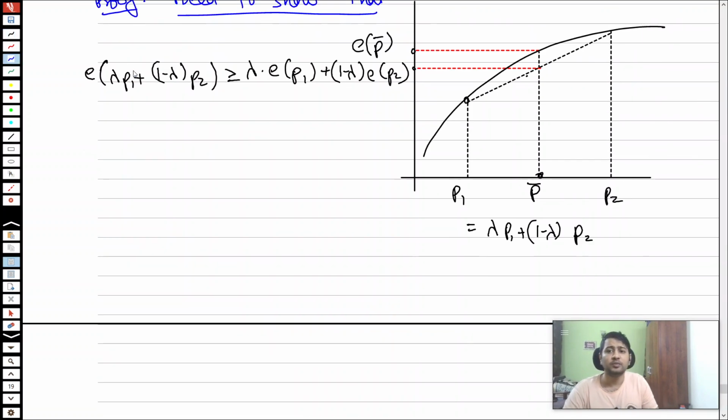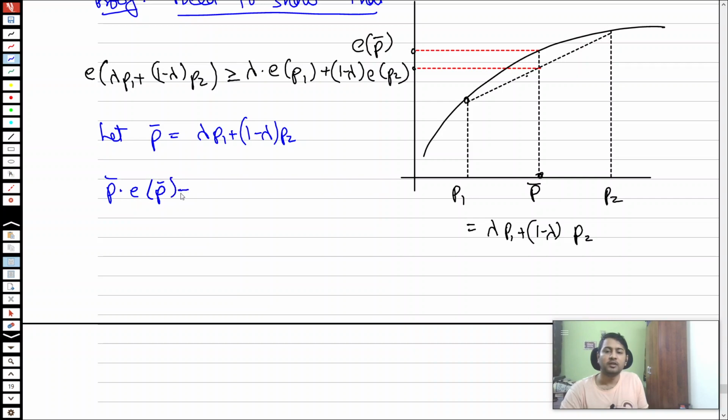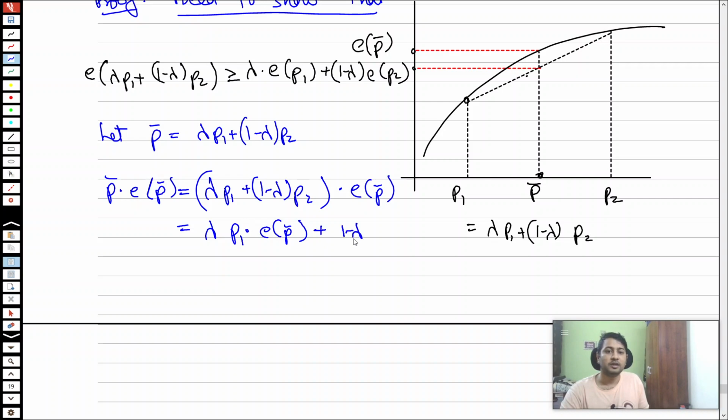Let us start with any p1. Let p bar equal lambda p1 plus 1 minus lambda p2. Then p bar dot c of p bar is basically lambda p1 plus 1 minus lambda p2, dot c of p bar, which is lambda times p1 dot c of p bar plus 1 minus lambda times p2 dot c of p bar.